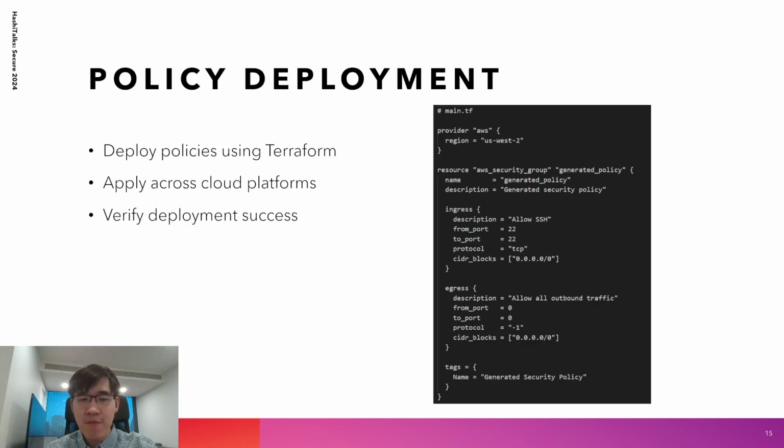You can then verify the deployment success. Have a step in the CI/CD pipeline that is able to help you verify whether this was a successful deployment. It's a great way of being able to work with Gen AI and be able to automate the process of creation of these kinds of templates.